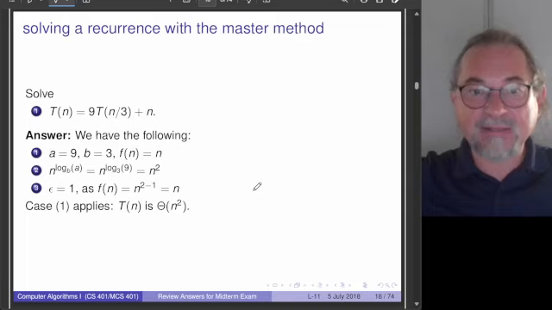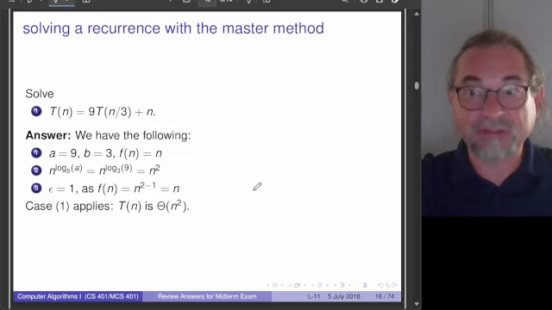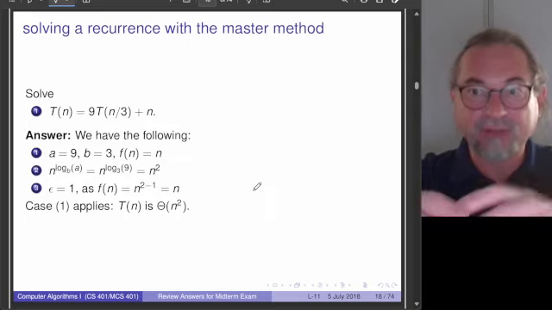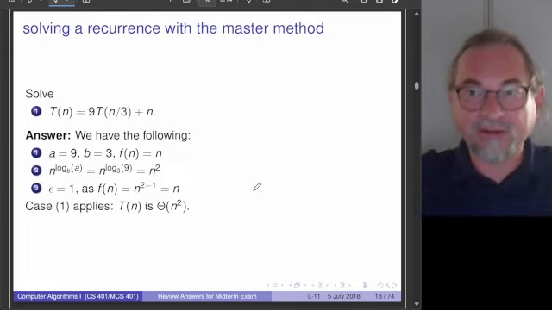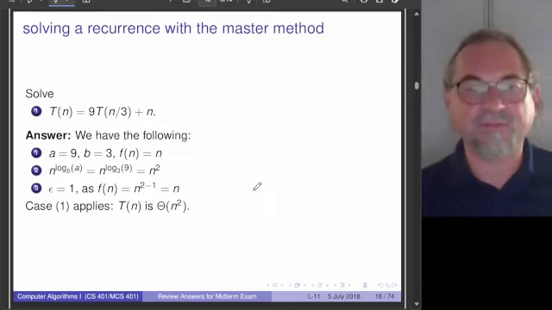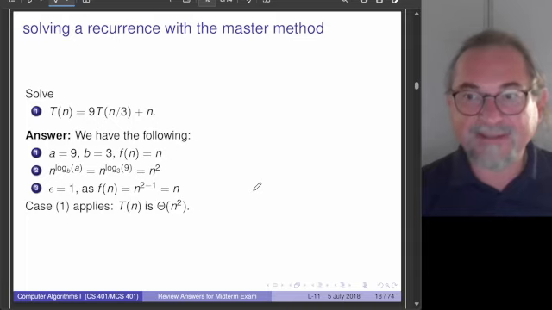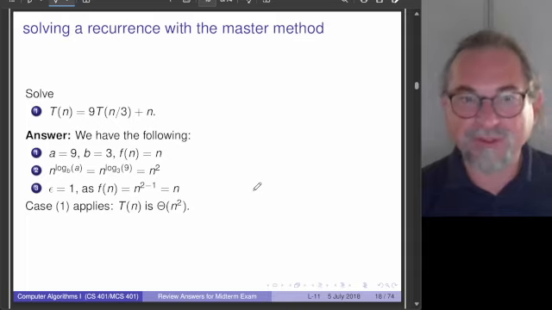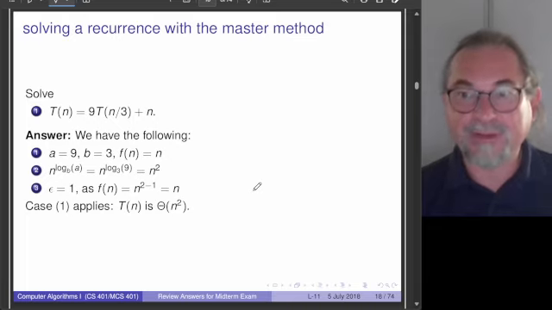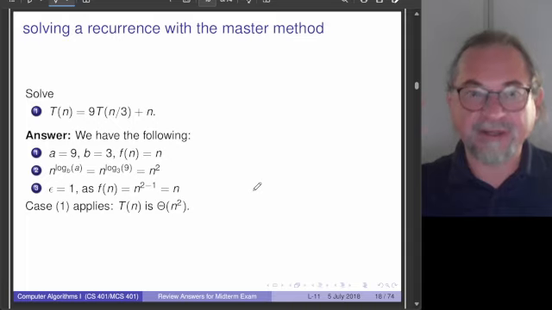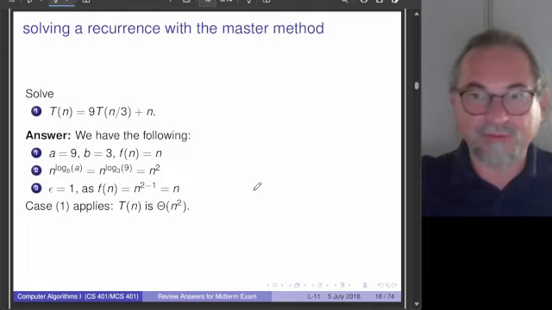In this case here, we have that the combination cost is actually starting to dominate. So the cost at the root is larger than at the leaves, because we divide by 3, divide so fast. So then the master theorem applies, and here it's kind of cruel. It's a short solution, but I cannot imagine that you have the master theorem right inside your head. So at this point you should actually have the theorem also right in front of you when you're solving this.